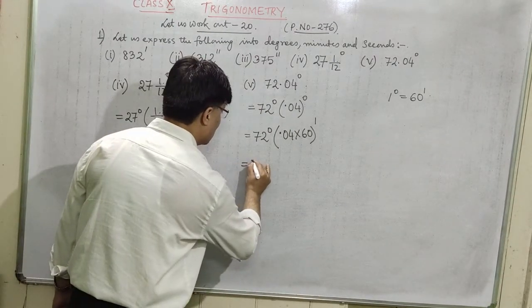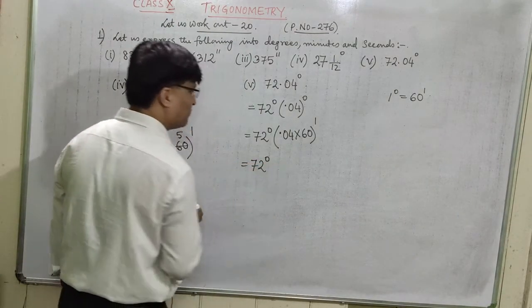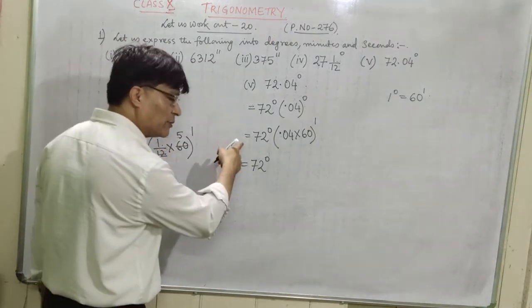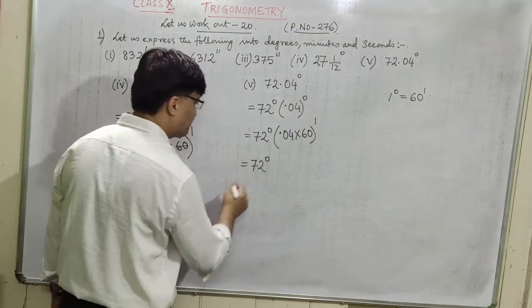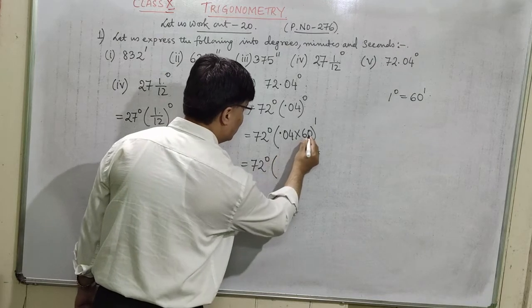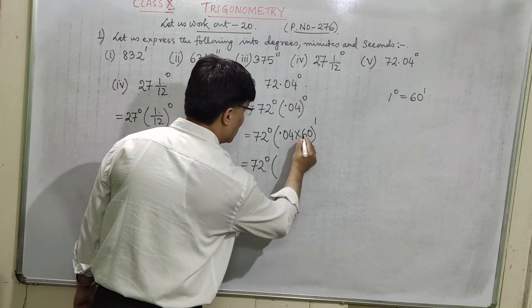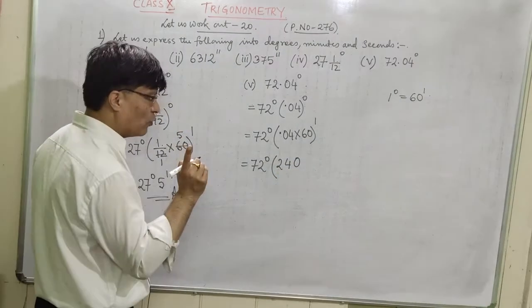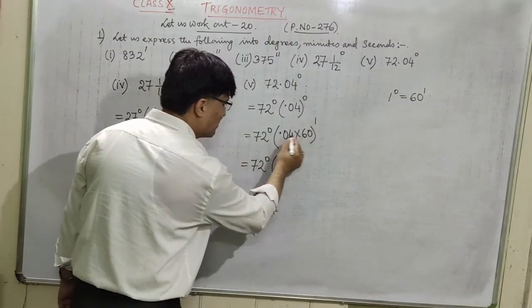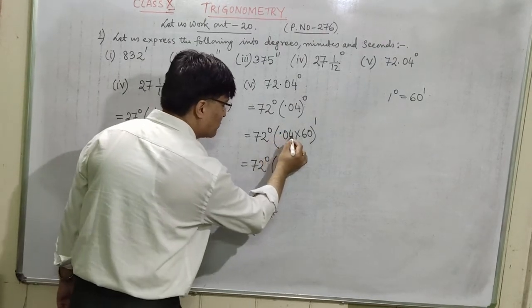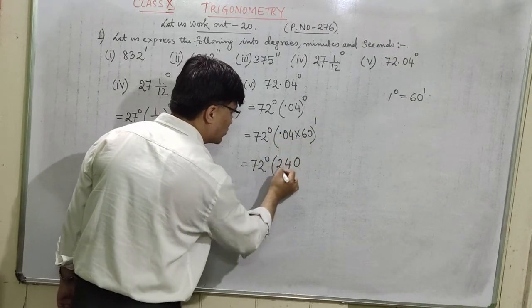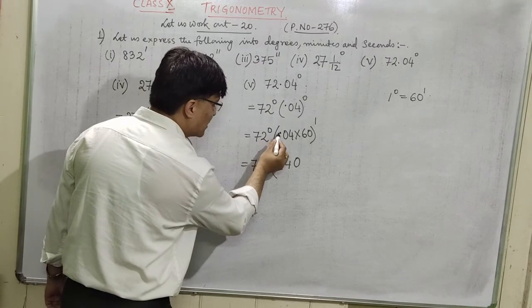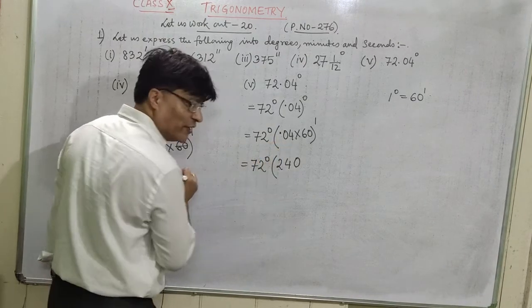So which is equal to 72 degree. Is that clear? Then multiply these two. Within bracket we have 0 and 6 4s are 24. That is 60 multiplied by 4, right? 4 zeros are 0, 4 6s are 24. After decimal point, how many figures are there? 2 figures.